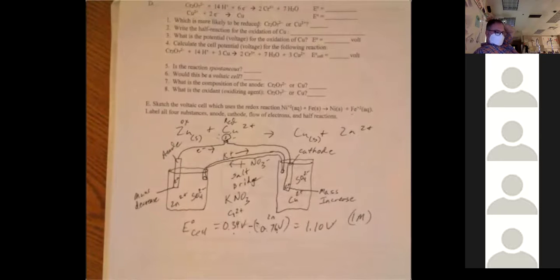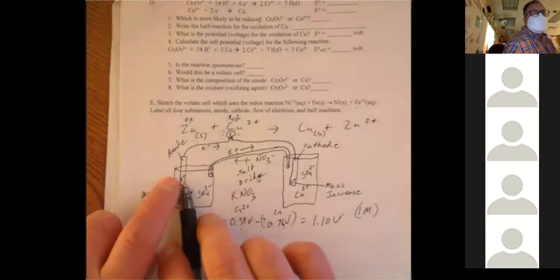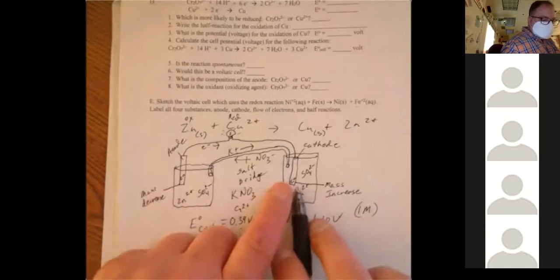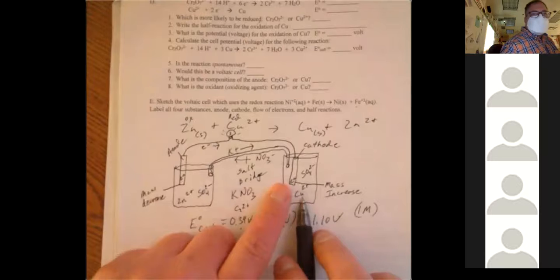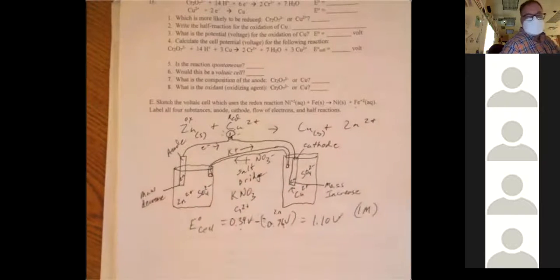I don't get why the mass increases on the copper and decreases on the zinc. So remember, we're taking electrons from the anode and giving them to the cathode. As this gets more charged, copper 2 ions are going to adhere to this piece of metal.